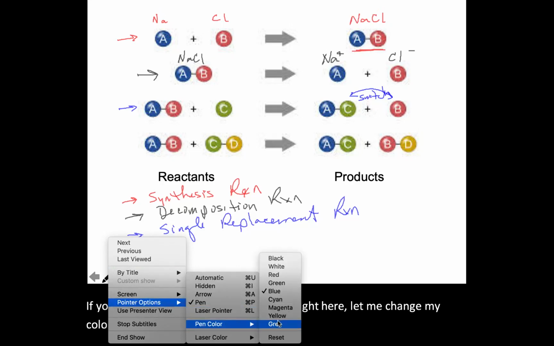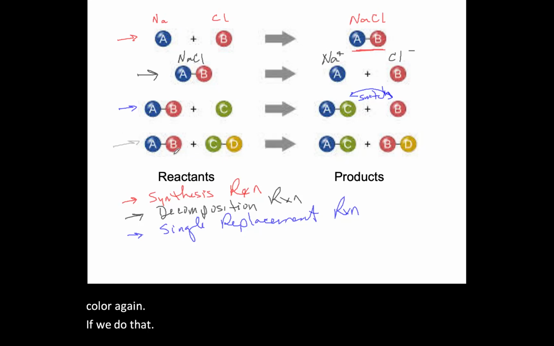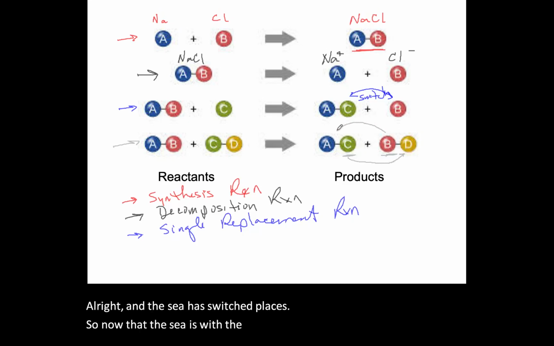If we do that with two molecules, so you have AB plus CD, which creates AC plus BD. All right. Again, the B has switched places. All right, and the C has switched places. So now that the C is with the D and the B is with the A, you've switched two things.